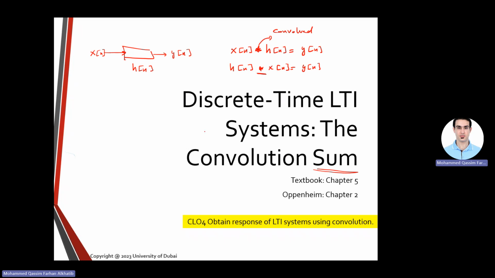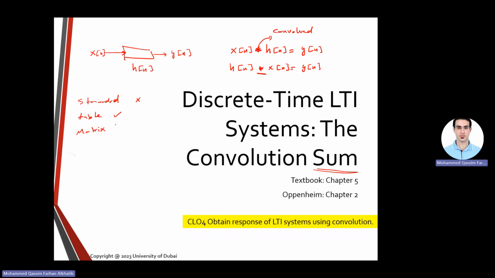There are three ways to do the convolution in discrete time. One of them is the standard way. We do not prefer it. It's going to be a long process, and there will be a lot of room for error. Then we have the tabular format, the table method, and the matrix method.